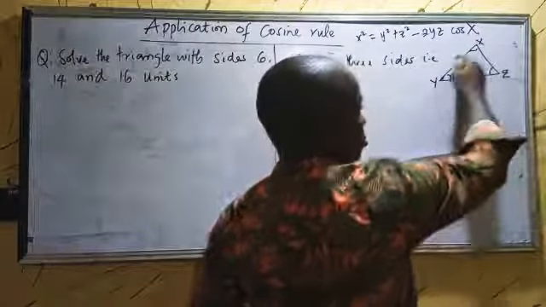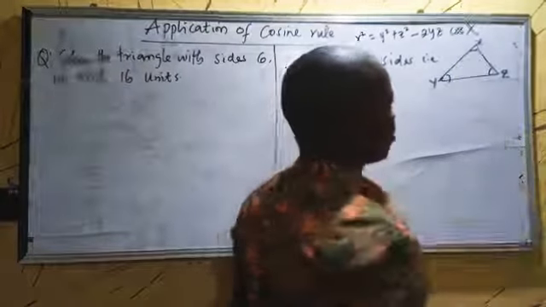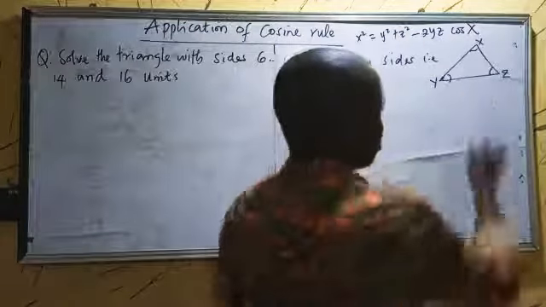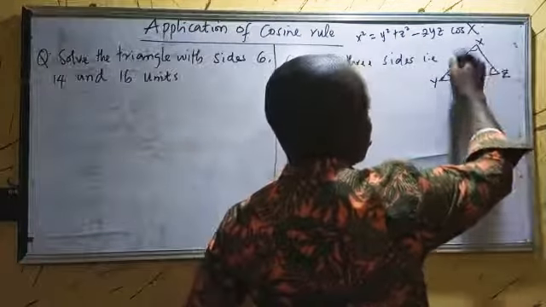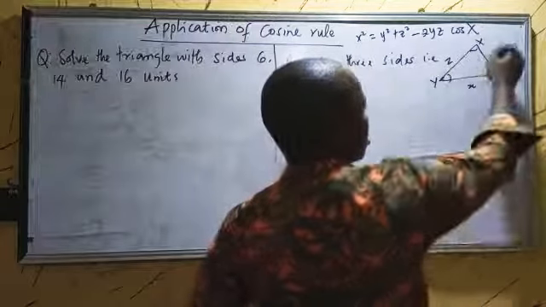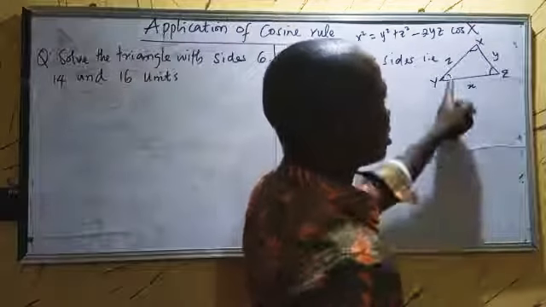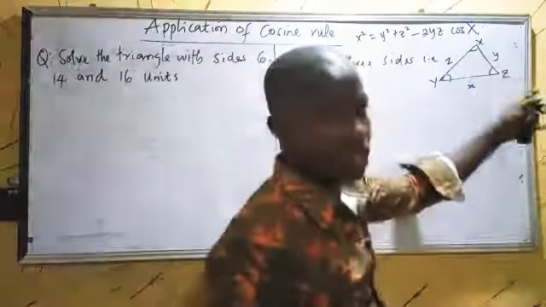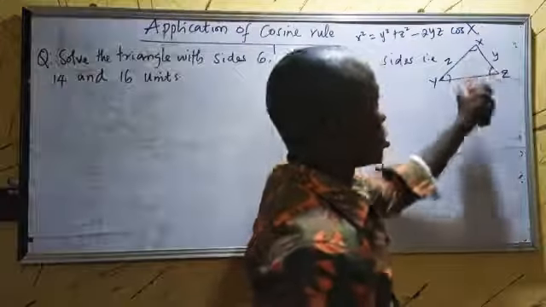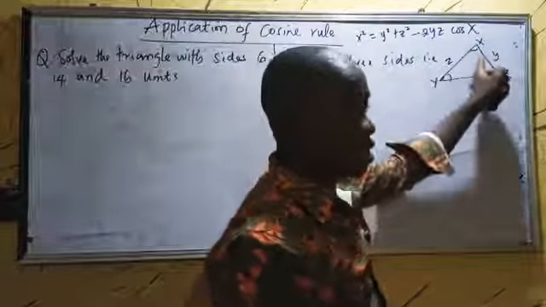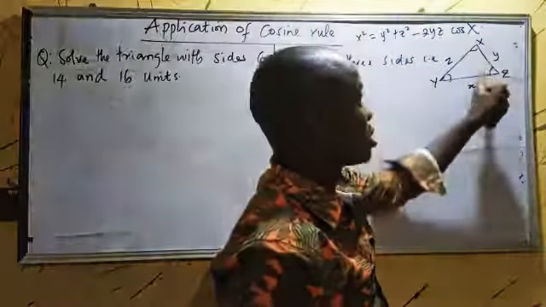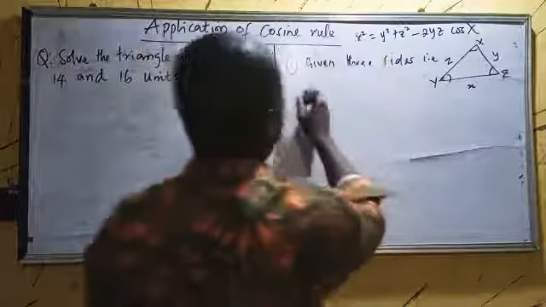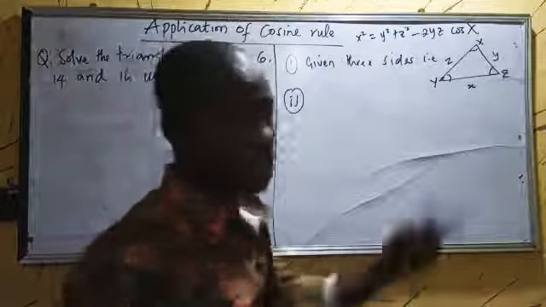So let's represent the sizes of these sides with small letters x, y and z. When all the sides are given, we are not given any angle. So this first one we use when we are given that.